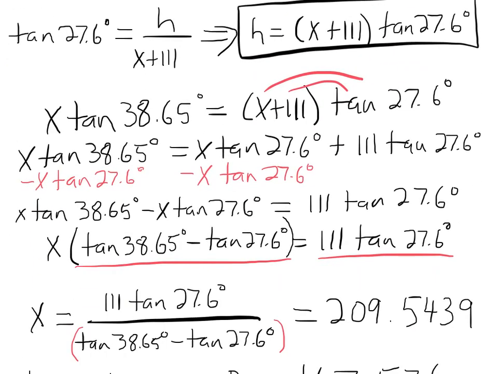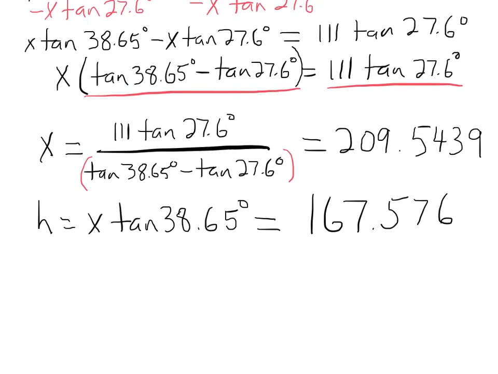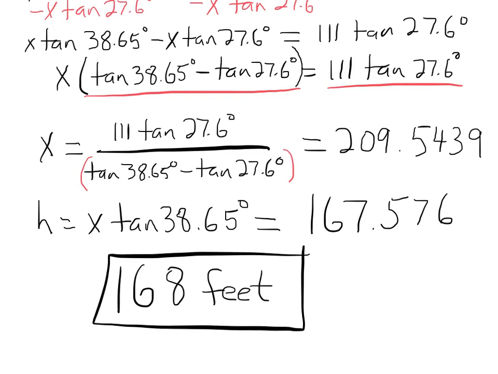Rounding to the nearest foot here, the 5 is going to round this up to 8. So we have 168 feet. They asked for the height of the tower, and we have found it. That's one of the longest problems in trig to solve in applications for a while. Great.